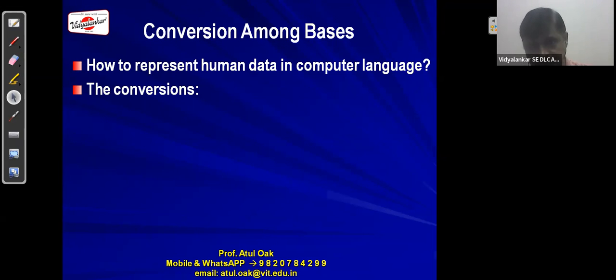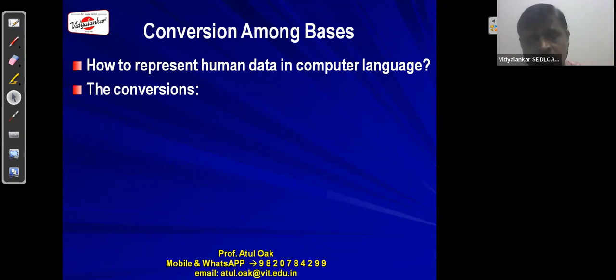Minimum digits, and because it is minimum, we use it in machines. But now the question is how they are compatible, because their symbols are different. To get that compatibility, we must know how we do those conversions. Okay, they are basically translations.